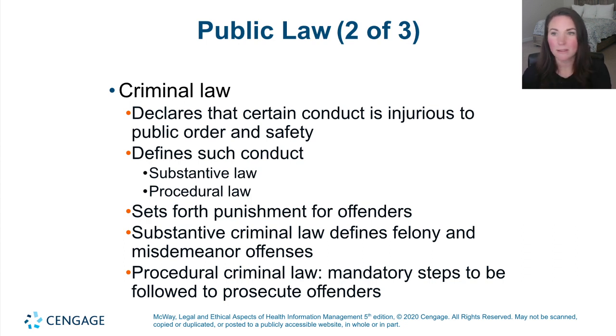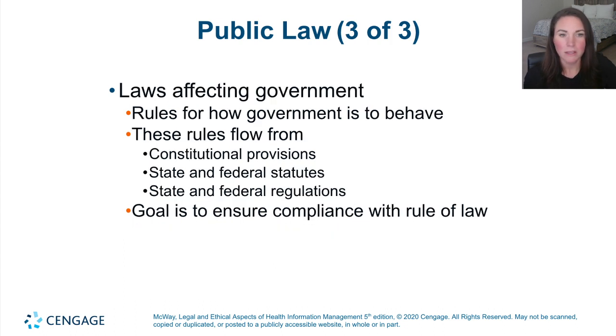So starting at the investigation, the trial, sentencing, and then the eventual release of the offender. The other part of public law consists of constitutional provisions, statutes, and regulations. And these are really what govern society, like how the government and private parties are supposed to do things.